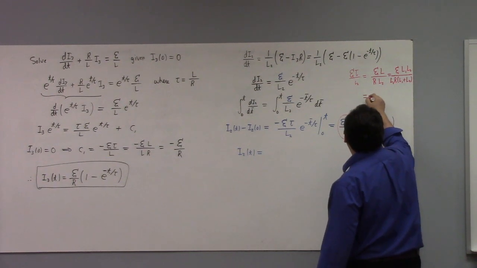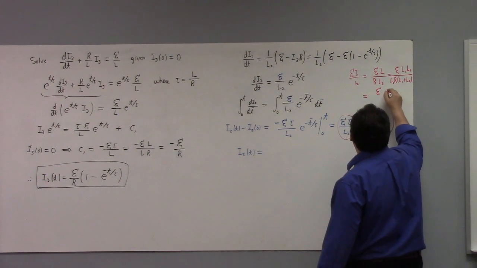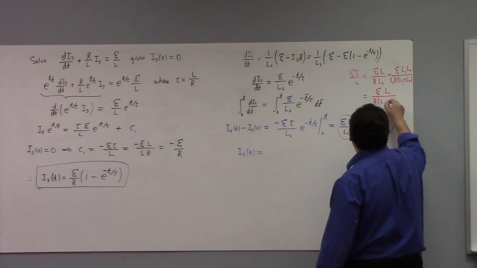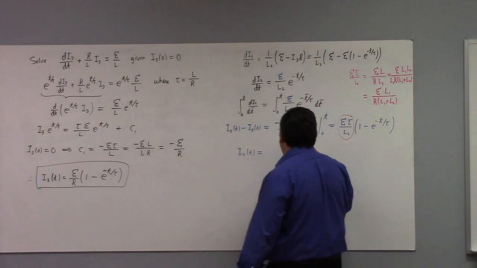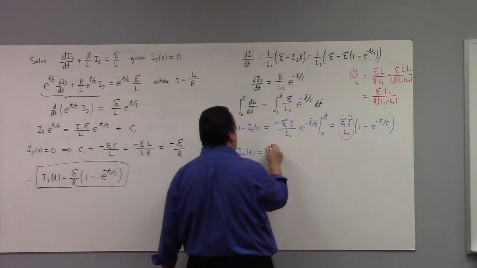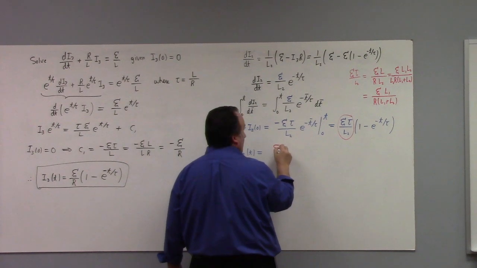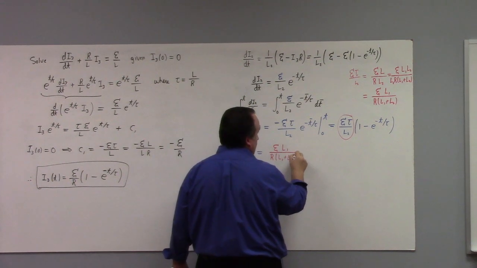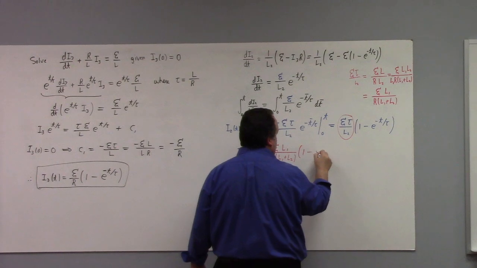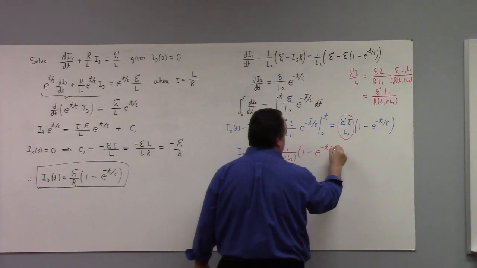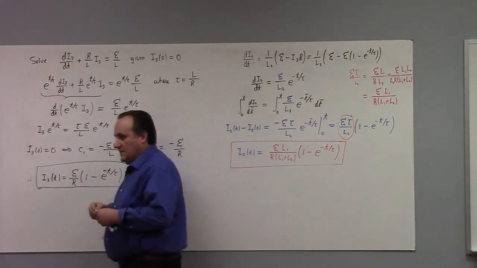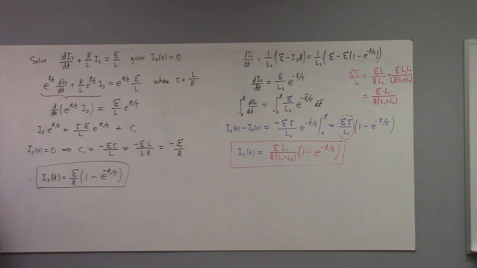So that simplifies to epsilon L1, the L2s cancel, R times L1 plus L2. So I get epsilon L1 divided by R times L1 plus L2, all times 1 minus e to the minus t over tau. There you go. That's the current as a function of time through the second inductor.